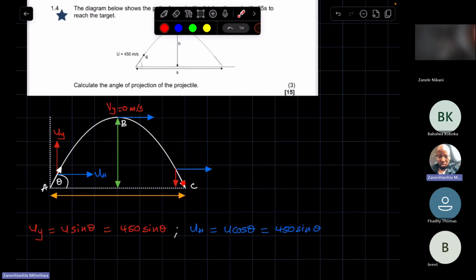As for the horizontal component of velocity, there is no acceleration that influences the projectile in the horizontal direction. Therefore, this doesn't change. On this side, as well as on this side, the horizontal component remains the same. It remains ux, even at this point, just before it hits the ground.